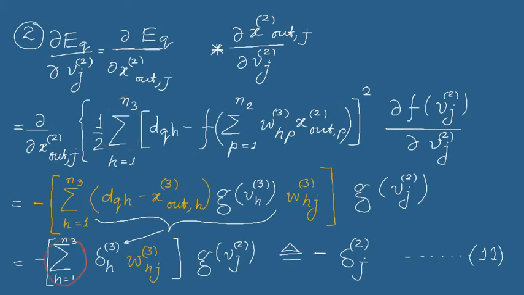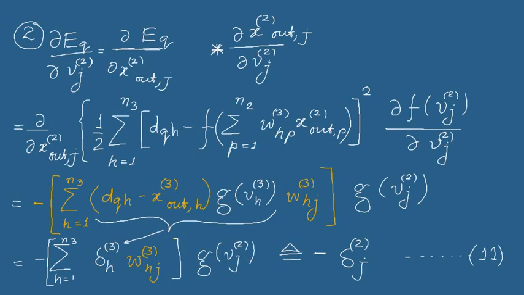So this summation for the term delta h3 and w_hj into this part is giving g'_j. Now this whole term we represent or define as delta j2 for the second layer, and we call it the local error at layer 2 for the jth neuron.